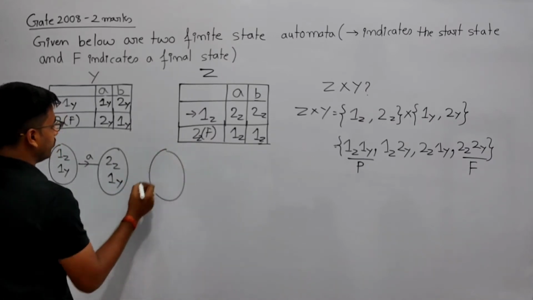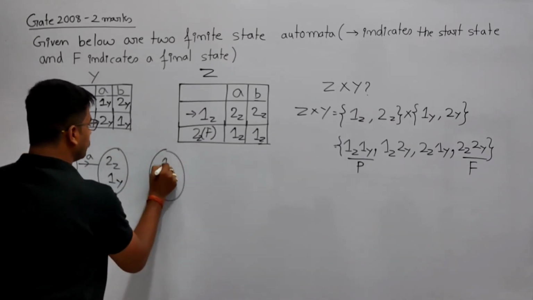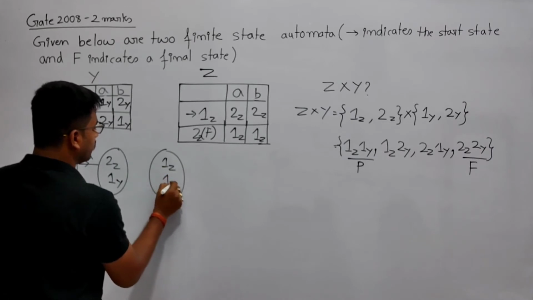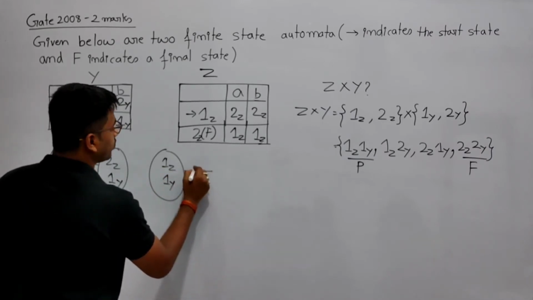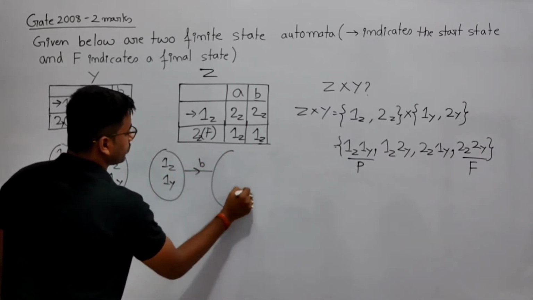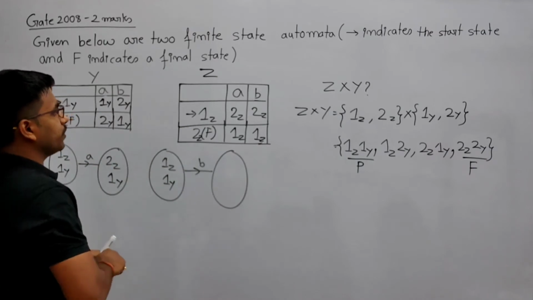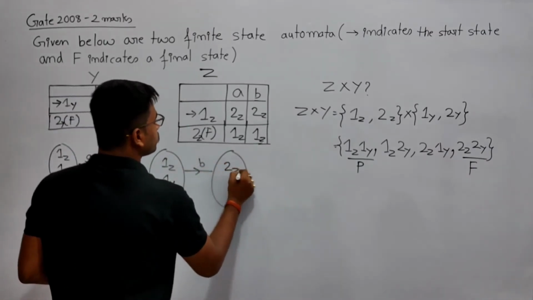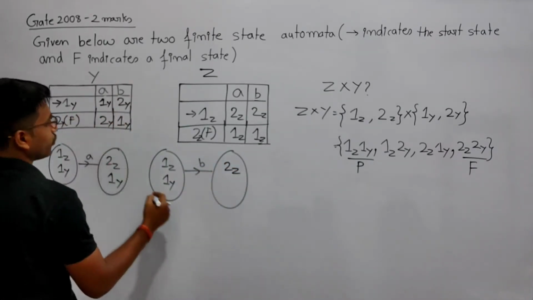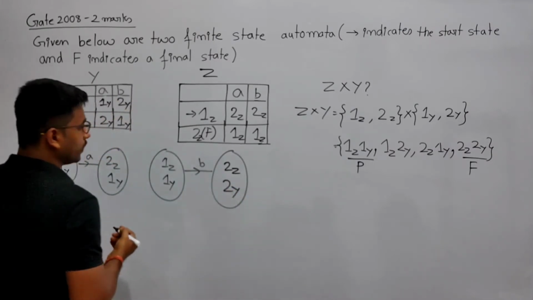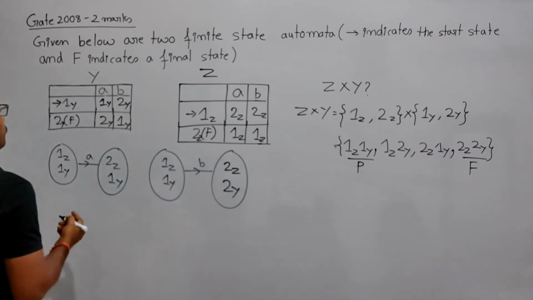Now similarly for 1Z, 1Y on getting B, where is it going? 1Z on getting B goes to 2Z, and 1Y on getting B goes to 2Y.